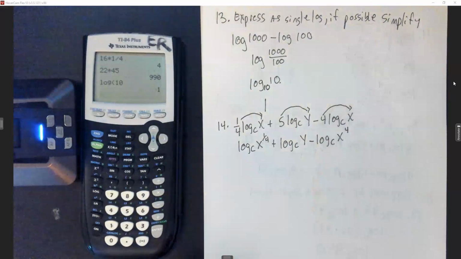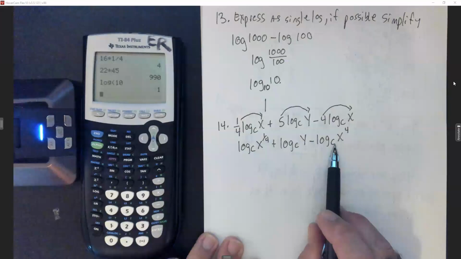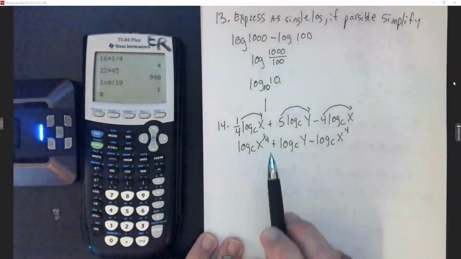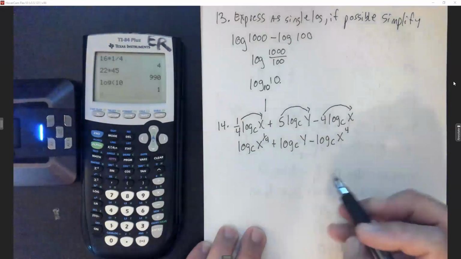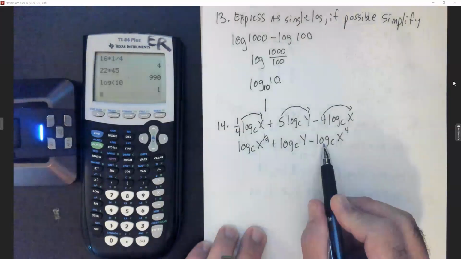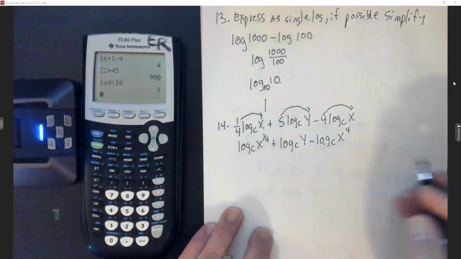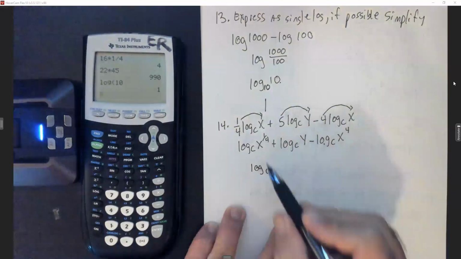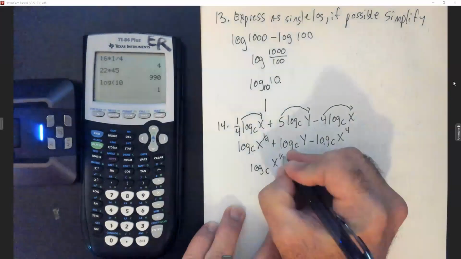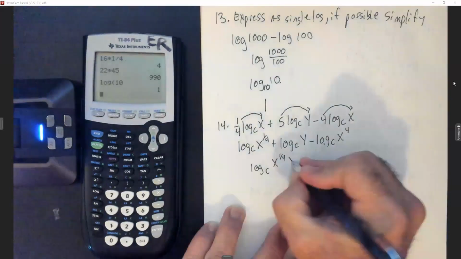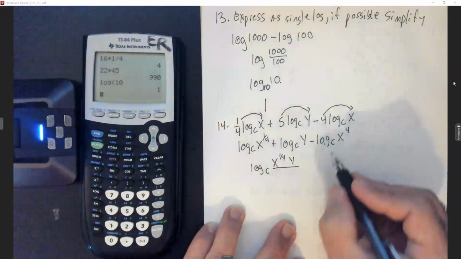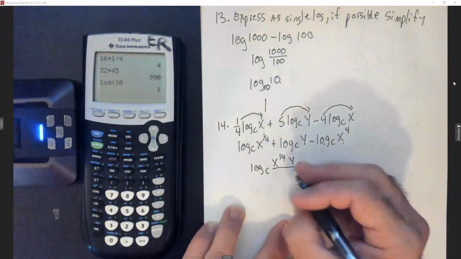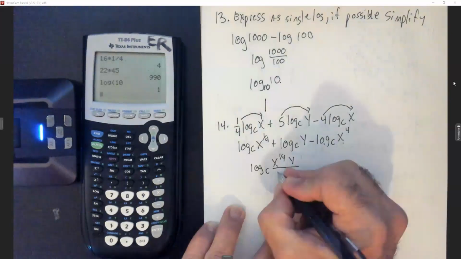Now, we've rewritten them with the exponents up. Now, remember, if they're positive, they're going to be on top. If they're negative, they're going to be on bottom of my fraction. So I'm going to bring out that log C. On top, I got an x to the 1/4 and a y. On bottom, I got the x to the 4th.